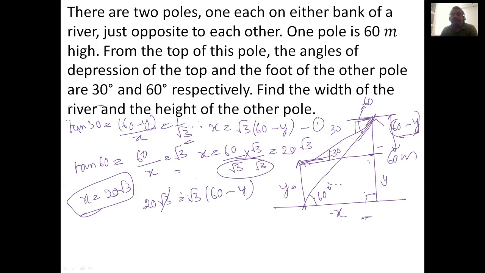Now root 3 cancels. We'll get 20 is equal to 60 minus y. Taking to the other side, y is equal to 60 minus 20, which is 40. So 40 is the height of the tower and 20 root 3 is the width of the river.